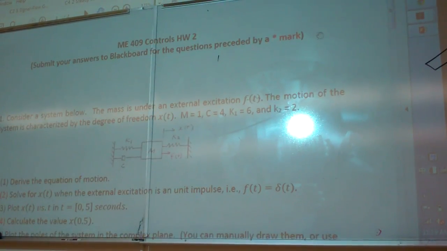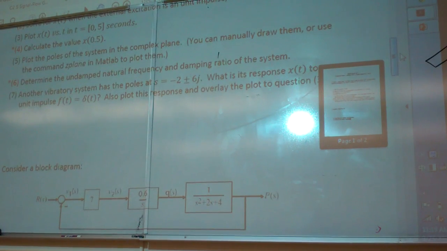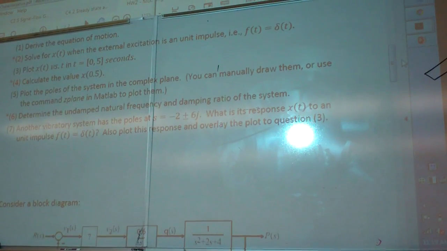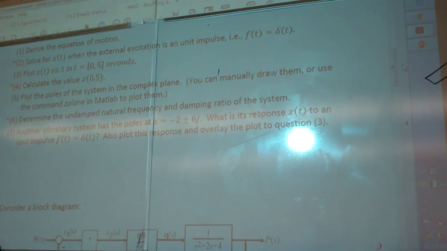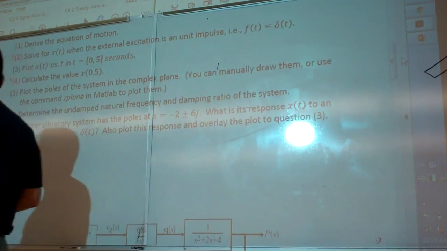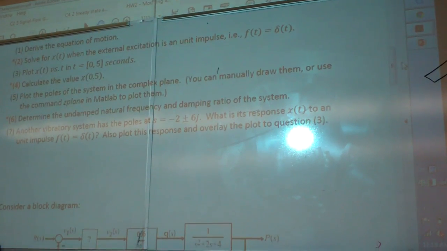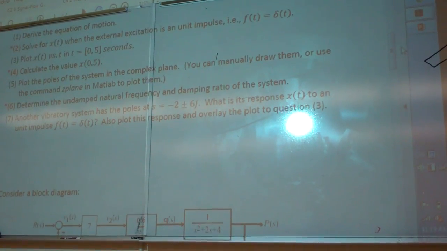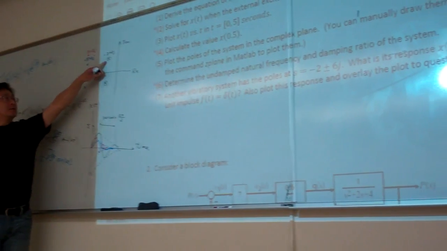So for the first question, we have basically gone over it very much. So here, for a system like this, s squared plus 4s plus 8, we have poles here.